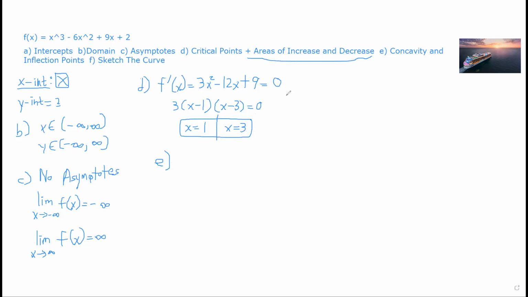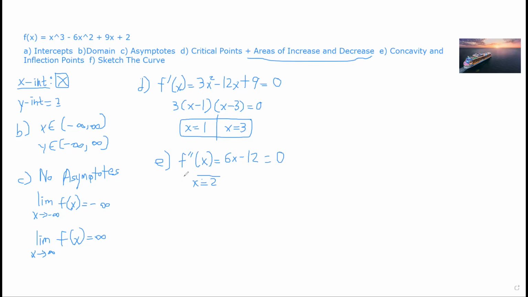To find concavity, we'll look at the second derivative, f double prime of x, which is equal to 6x minus 12. The 3x squared goes to 6x, negative 12x goes to negative 12, and the derivative of 9 is 0. Setting it equal to 0, there's only one candidate inflection point: 6x minus 12 equals 0, so x equals 2.